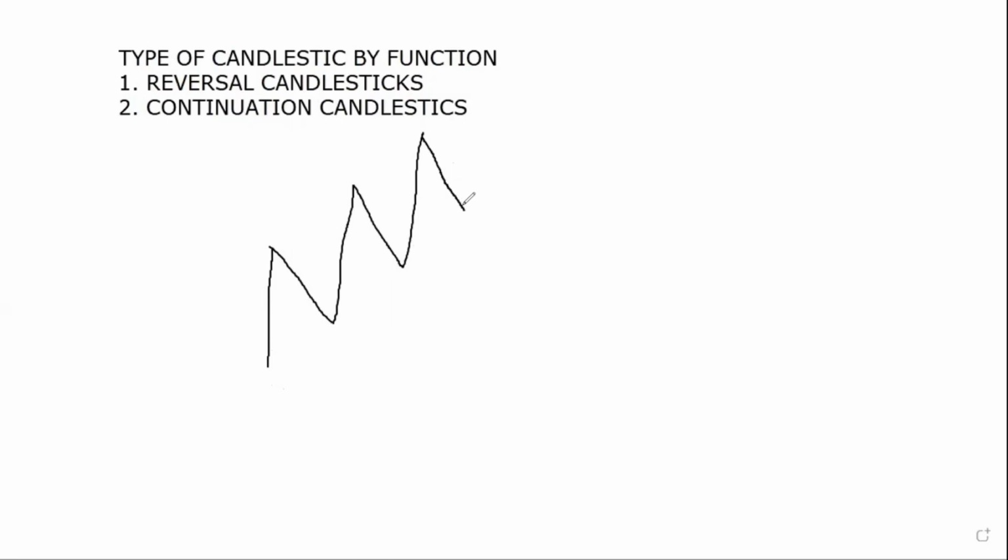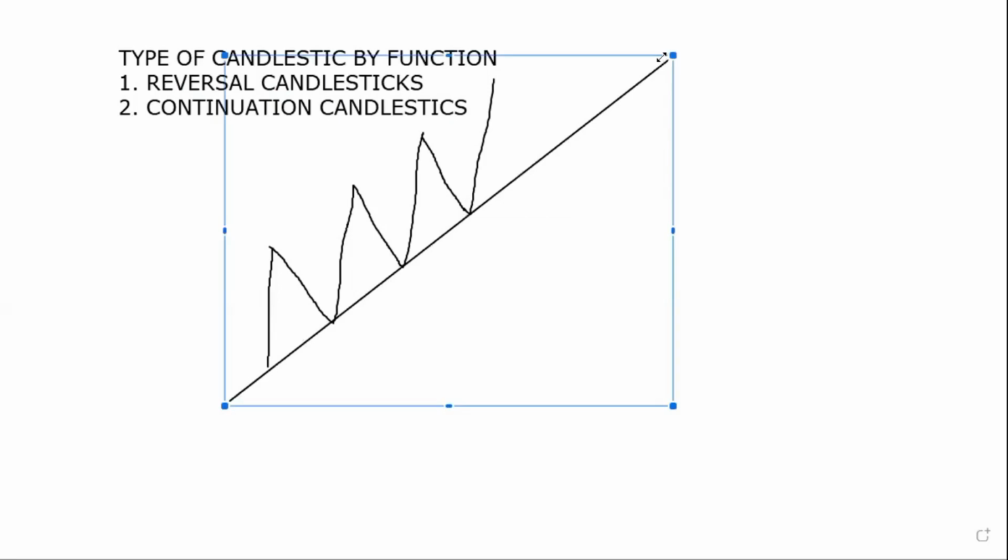So basically, a trend is a series of impulse and correction. So we can plot this and say this is a trend. So market keep following the trend.